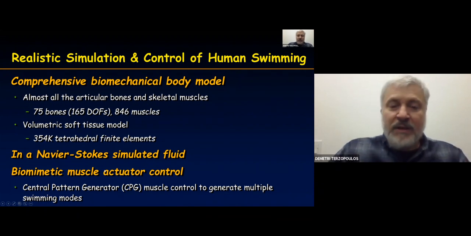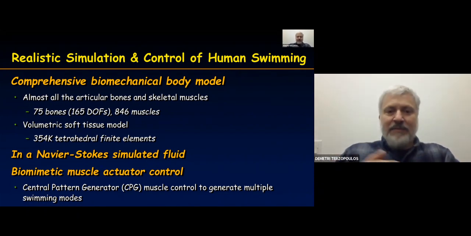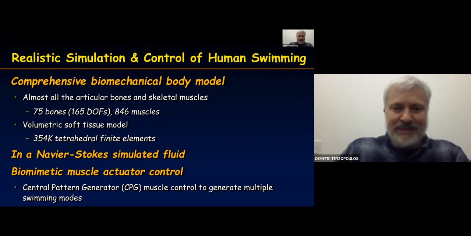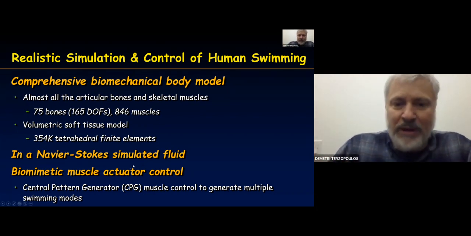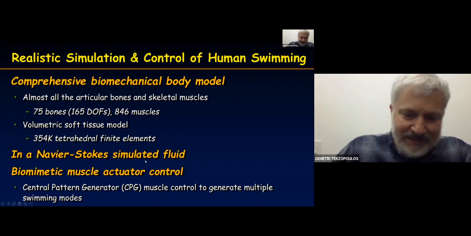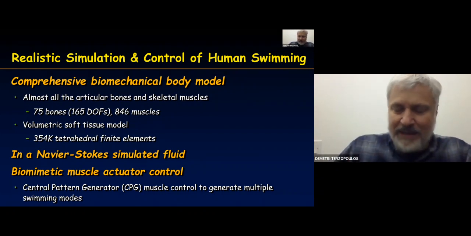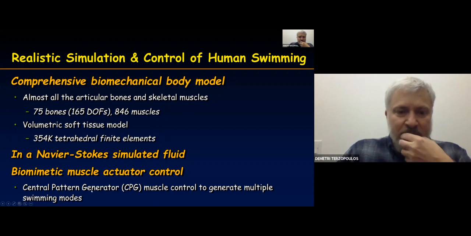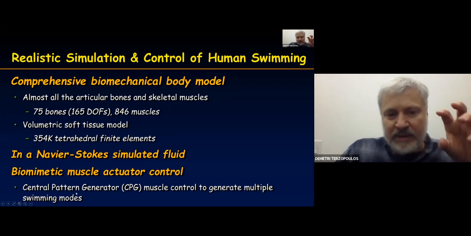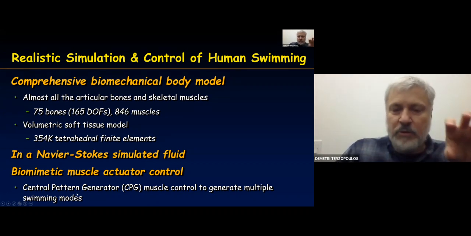For those of you somewhat familiar with fluid simulation, it's challenging, but people know how to do it. Applied mathematicians know how to figure this out, so we can simulate this as well with simulators that do fluid simulation. But again, the problem here is how to control the body to be able to do swimming.